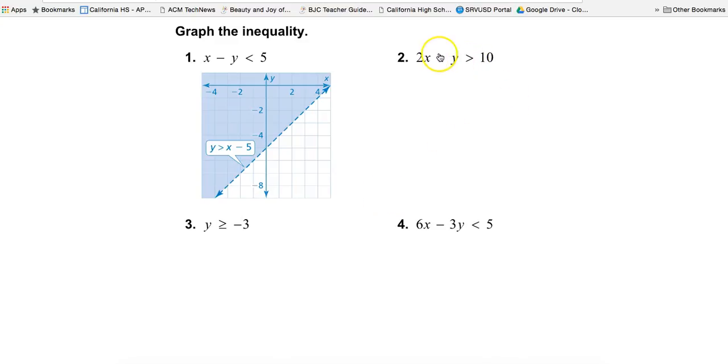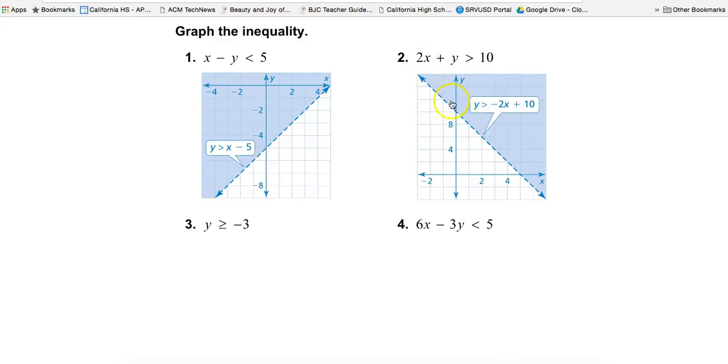You can see right here, by bringing 2x over, we would get y greater than negative 2x plus 10. This means it would have a y-intercept of 10 and a slope of negative 2. And because it's y greater than, we shade the entire area above.